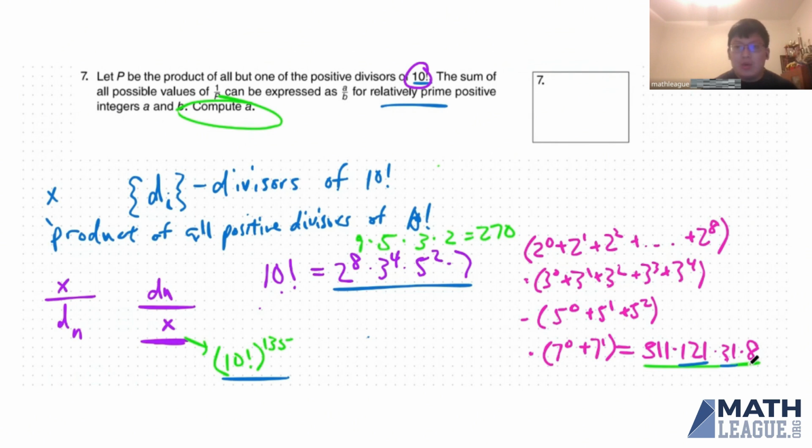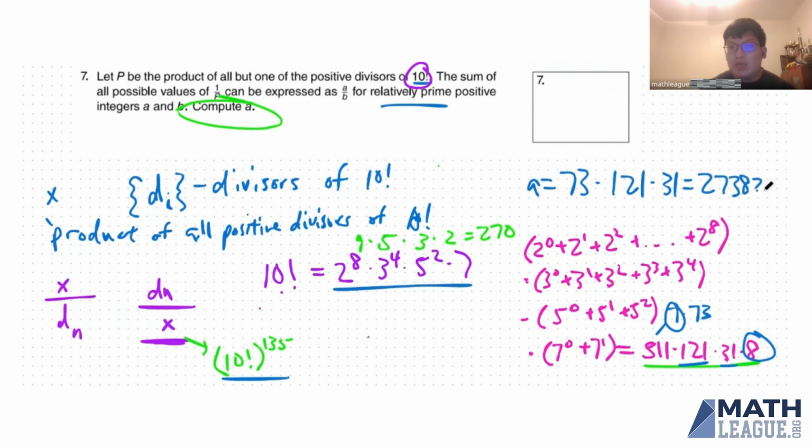But the 8 can be canceled out, and 511 is equal to 7 times 73, so the 7 can also be canceled out. So that means that the value of A is actually equal to 73 times 121 times 31, and that comes out to 273,823, and that is going to be our value of A and our answer for this problem.